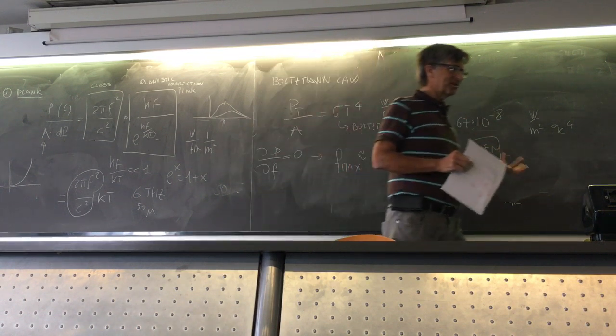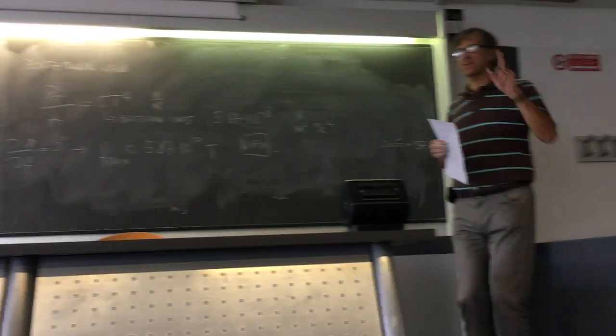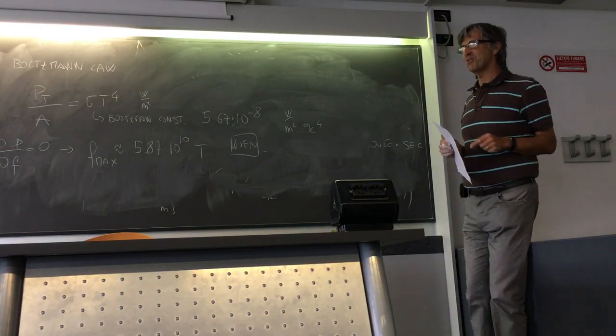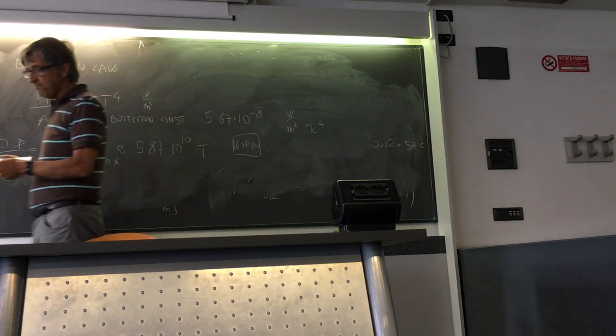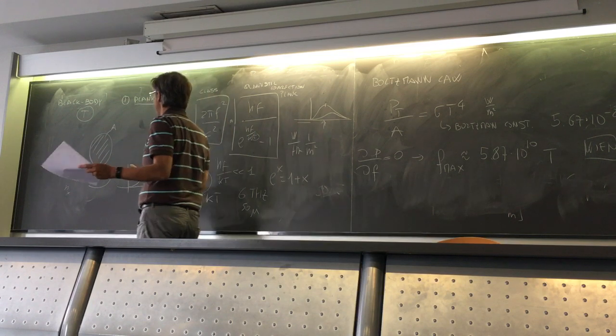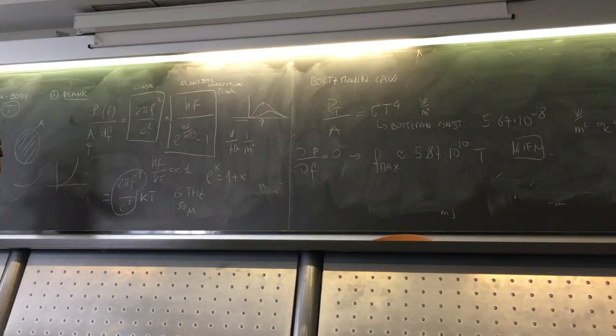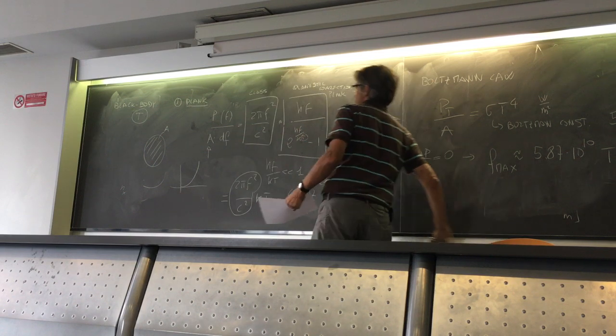He told you that you can measure the temperature of the sun without putting your finger or your instrument on the sun. And in fact, if we do this, we can evaluate, for example, why we are at a certain temperature. It's not so difficult, it's just a consequence of this.